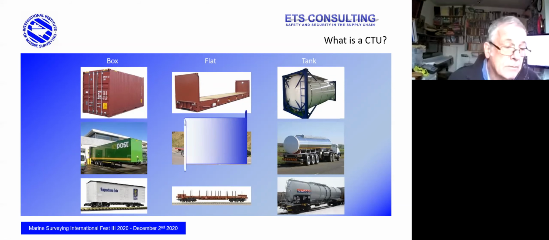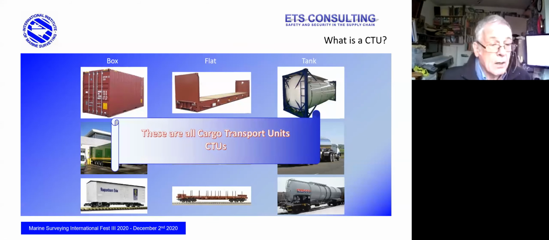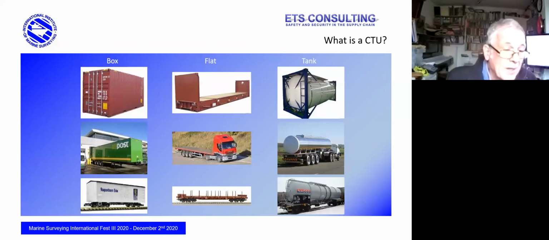All of these are cargo transport units. And a cargo transport unit basically means anything that can be carried on anything else. So obviously a container can be carried on a truck, on a ship, or on a rail wagon. A truck can be carried on a rail wagon and a ferry, and a rail wagon can be carried on a ferry.